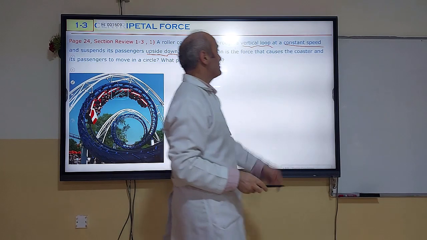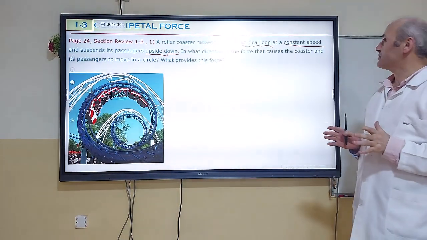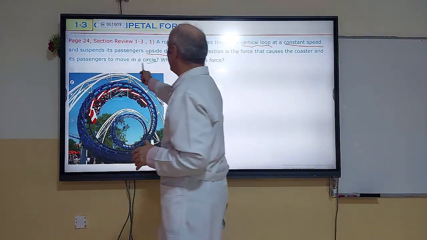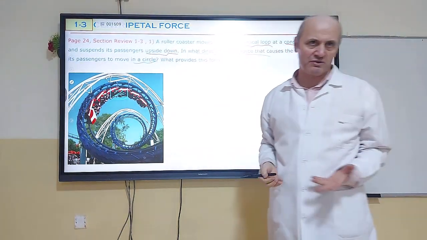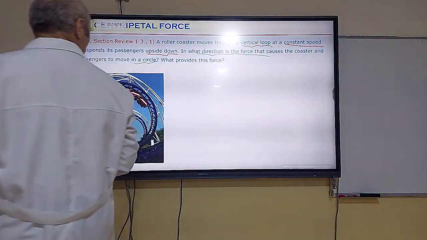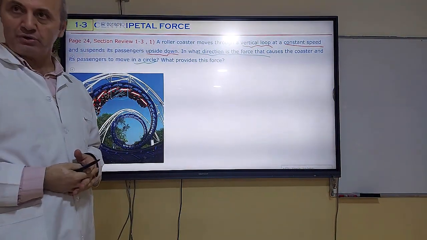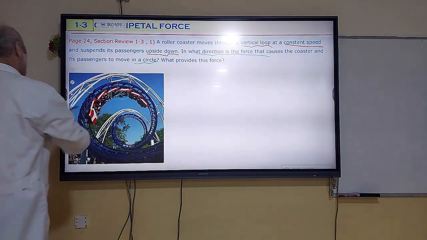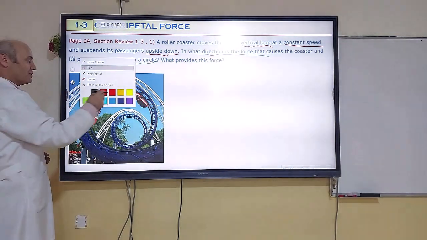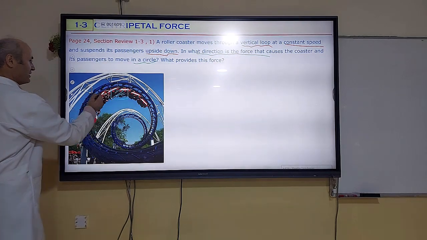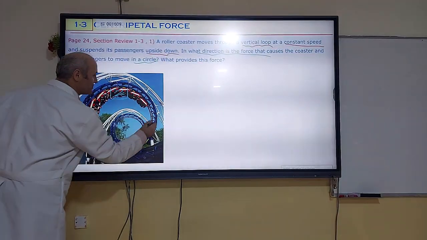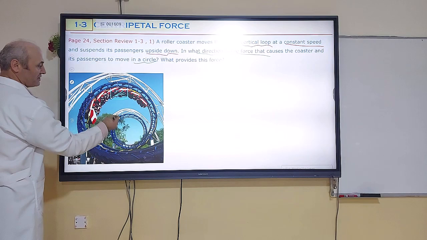In what direction is the force that causes the coaster and passenger to move in a circle? This is in fact asking you, what is the direction of the centripetal force? Because the definition of the centripetal force is the force that causes an object to move in a circular path. And we know that centripetal force is always towards the center of the circular path. This is the circular path the roller coaster car follows. So the center of the circle is here.